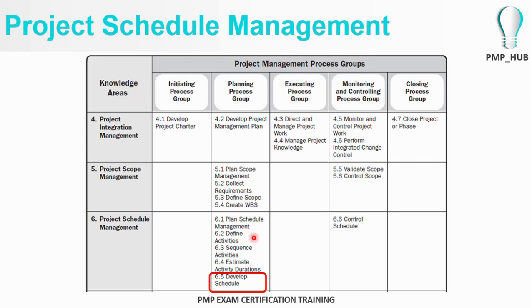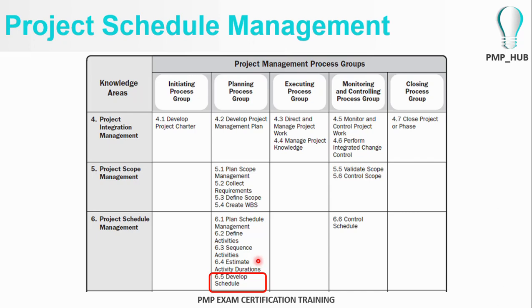Subsequently, we define the sequence of activities depending on the predecessor and successor relationships and lead and lag relationships. Next, we defined and estimated the activity durations using various techniques such as the PERT model, analogous estimation or parametric estimation.